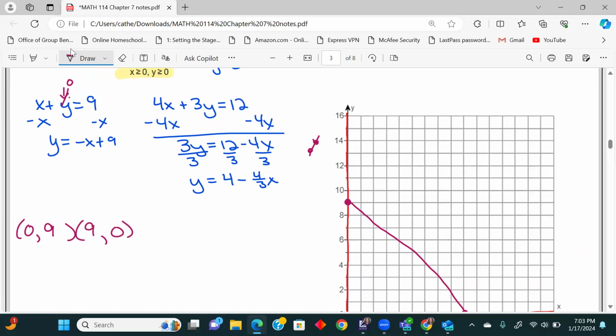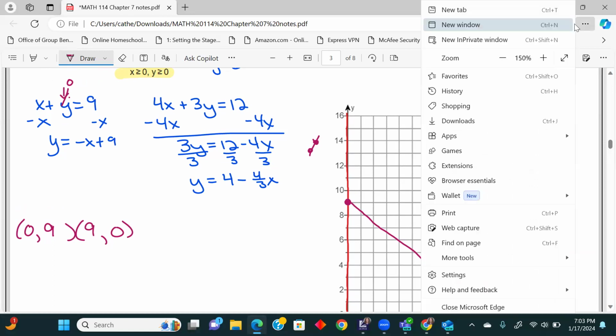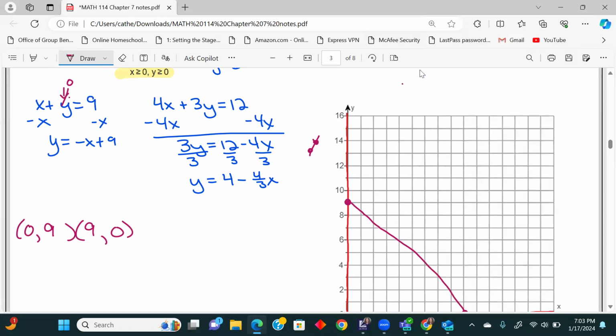Let's look at this equation here. Plugging a number may not be as easy. Oops, sorry about that. All right, so let's also find where these cross the x-intercept and the y-intercept.